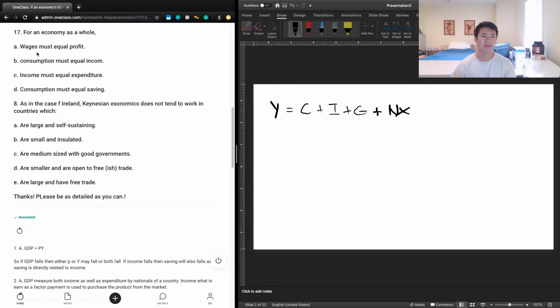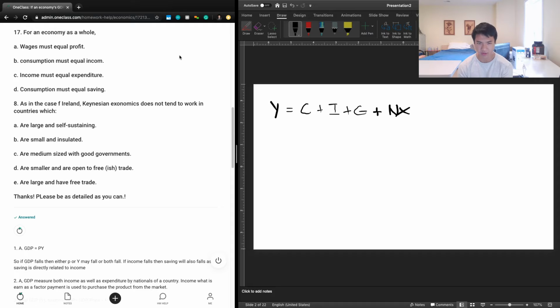Okay, 17 says, for the economy as a whole, wages must equal profit, consumption must equal income, income must equal expenditure, or consumption must equal savings. And this touches upon what we were talking about in the beginning with the relationship between the income and expenditure approach. Any one person's income must be someone else's expenditure, and the opposite is true.